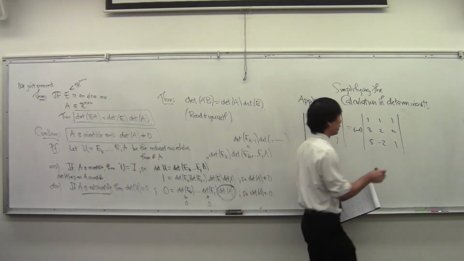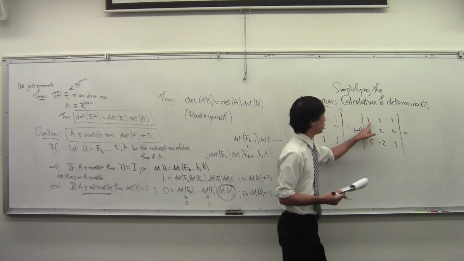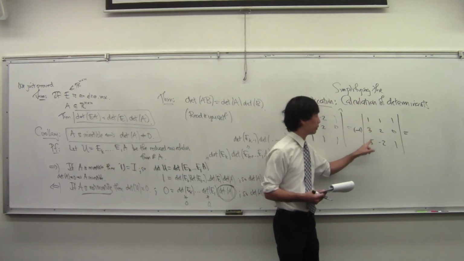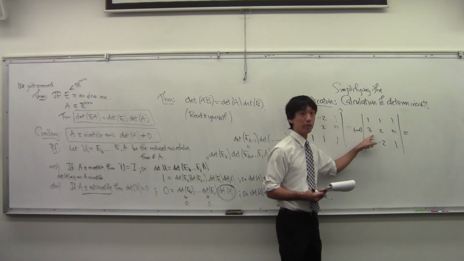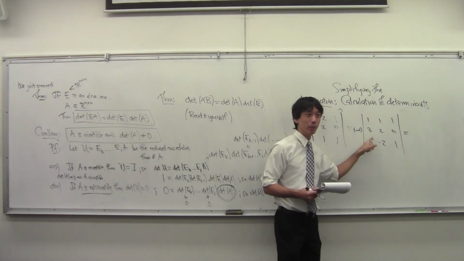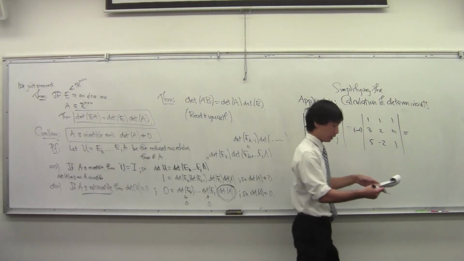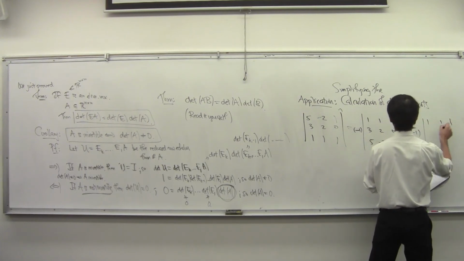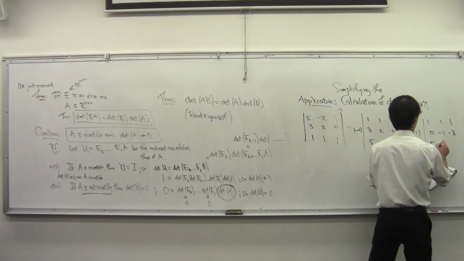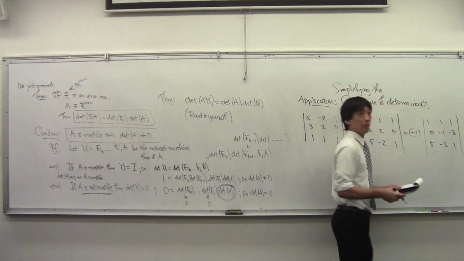Now I'm going to use the pivot here to clear out this one and this one. I'll add negative 3 of the first row onto the second row, and that doesn't change the determinant, remember? So this is the same thing as the determinant of 0, negative 1, negative 3, 5, negative 2, 1.